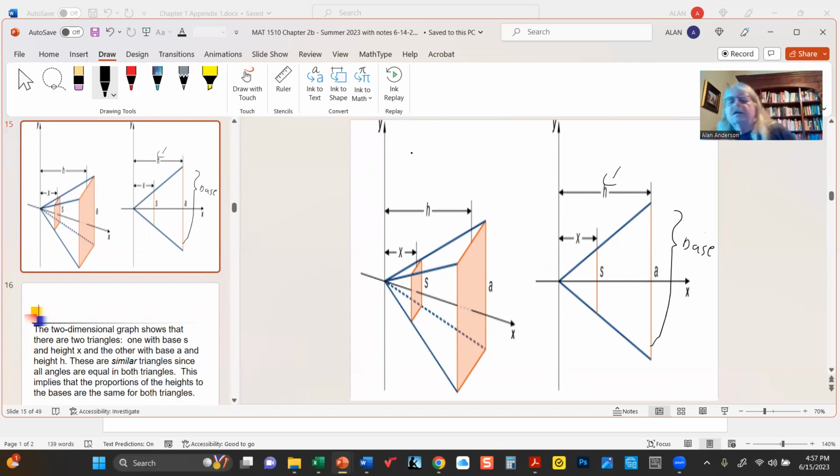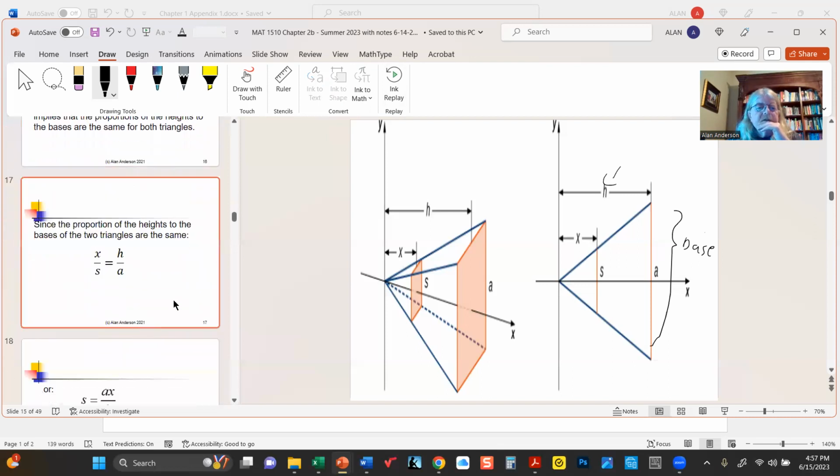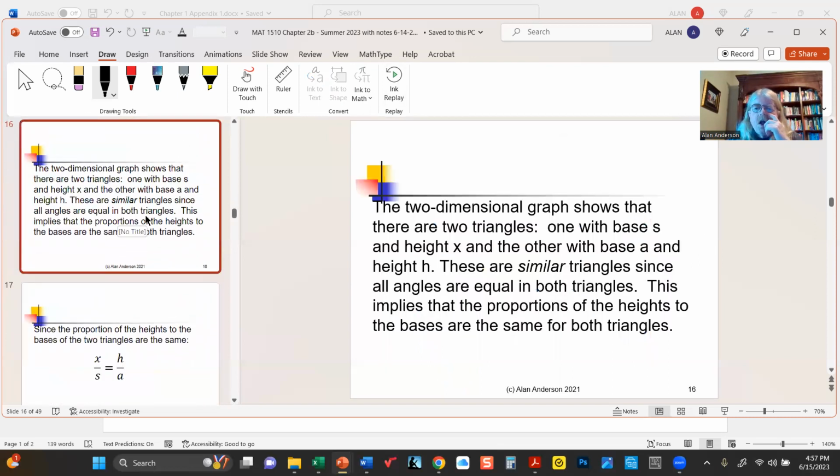Now, what they're going to do here is use a little geometry, by the way. If you haven't seen geometry in a while, I just want to remind you about something very important, which is that when you have two triangles, and let's say here's your two triangles.